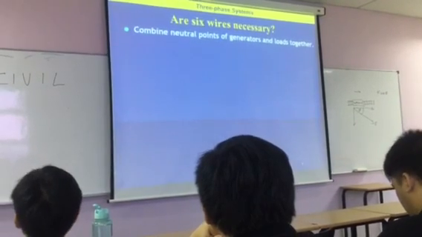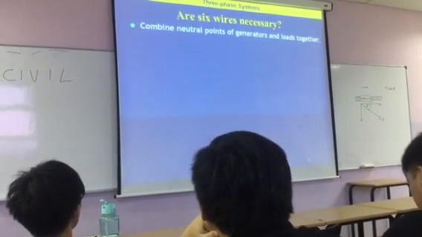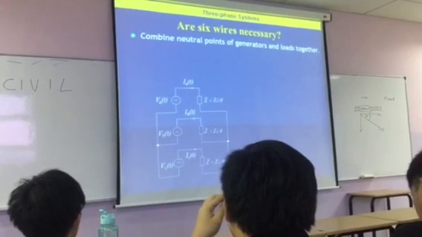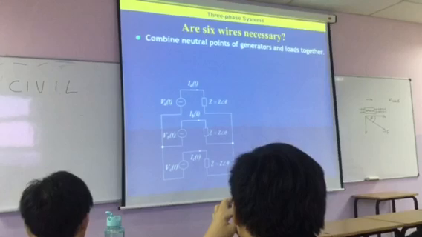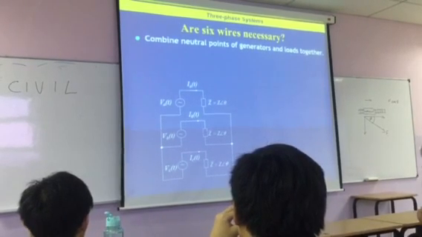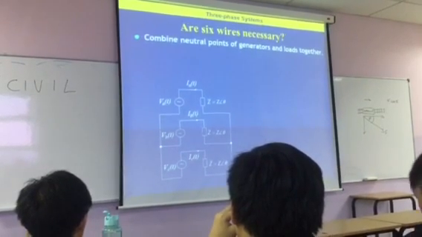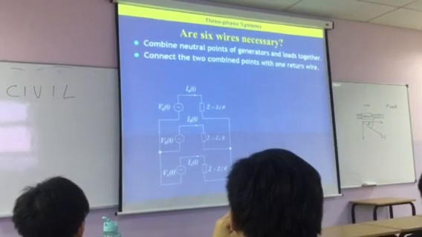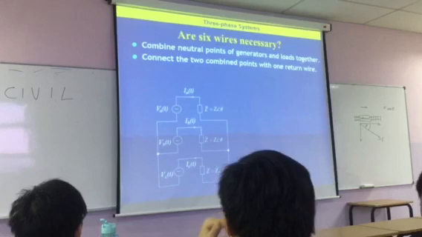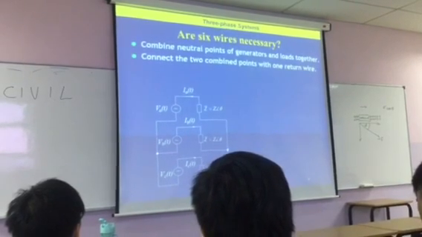The reason we use 6 wires is to combine the neutral points of the generators and loads together. So there we've got our VA, VB and VC, and our 3 loads. For balanced loads, we can connect the 2 combined points with 1 return wire.